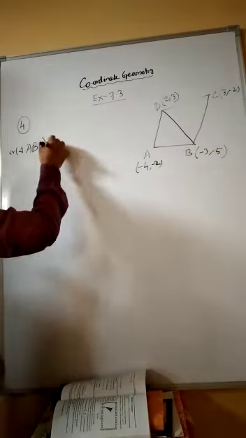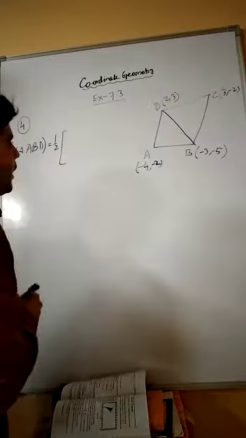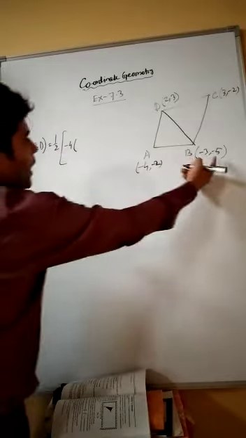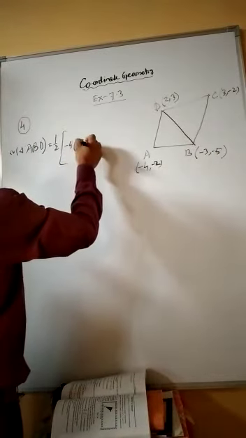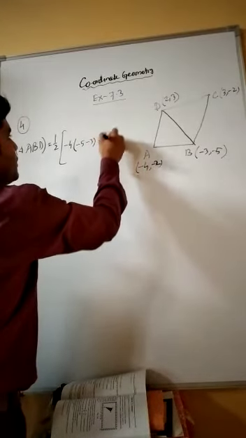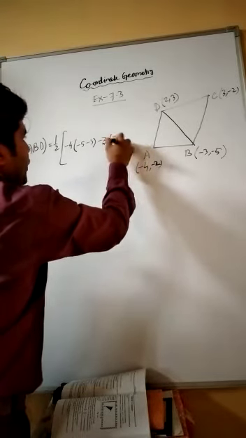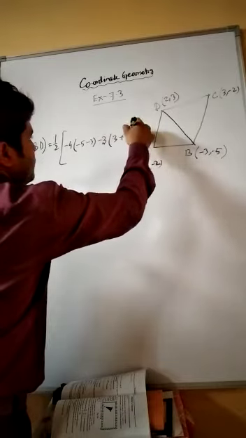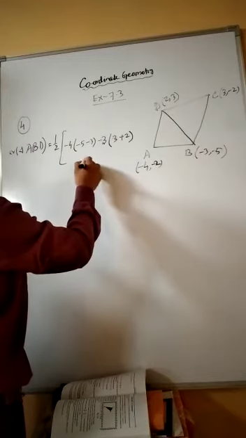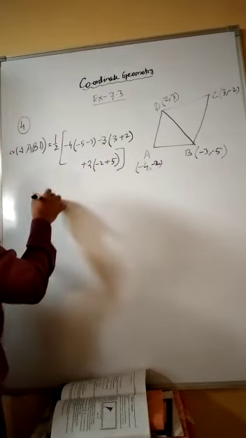If we use the formula, then half of the bracket: x1, y2 minus y3, that is minus 5 minus 3, plus minus 3, then 3 minus plus 2, then plus 2, then minus 2 plus 5. This is the area of the triangle.